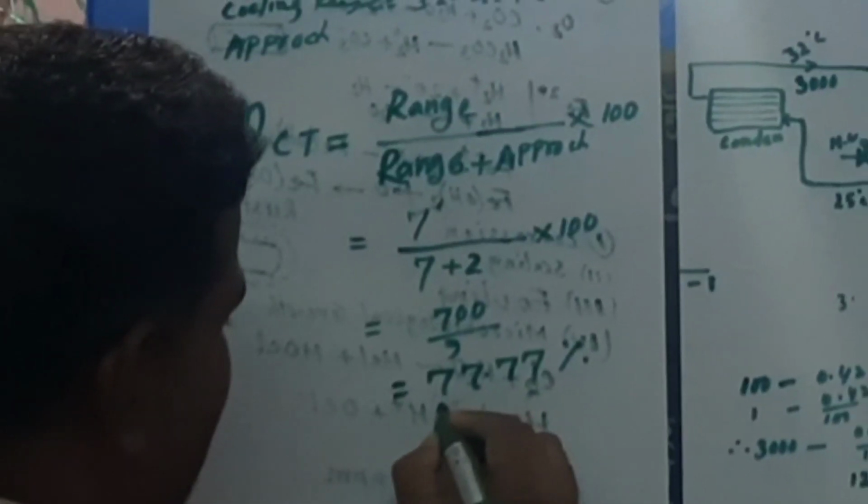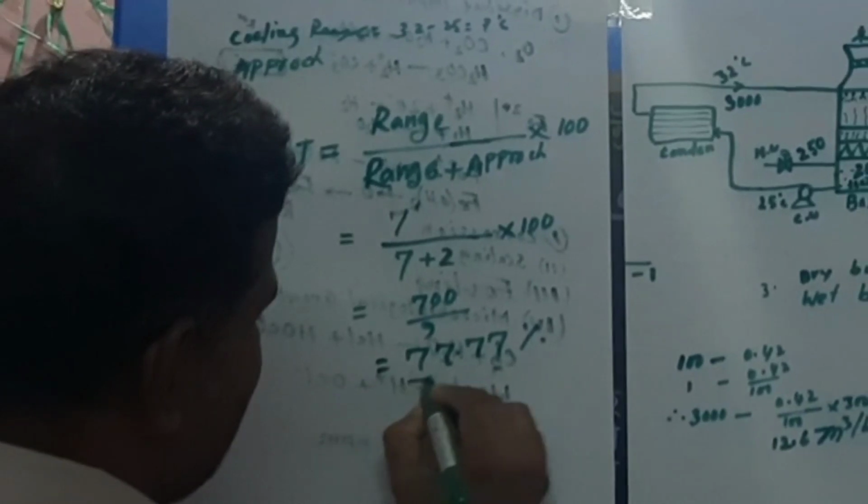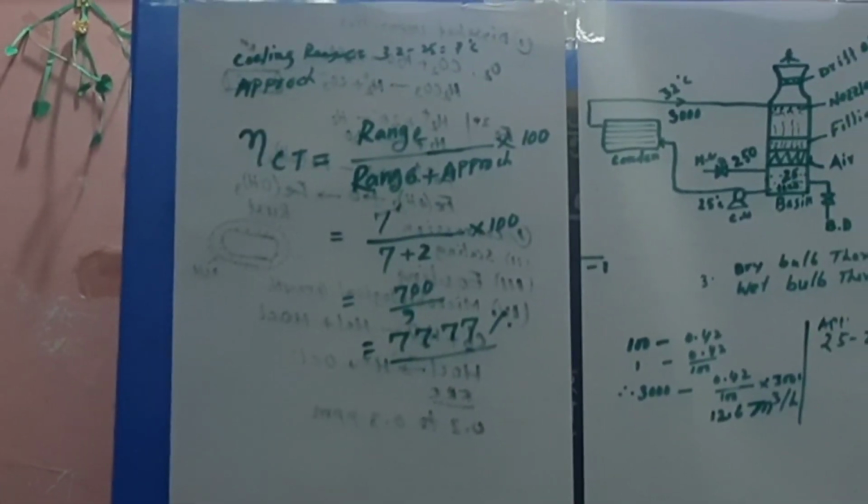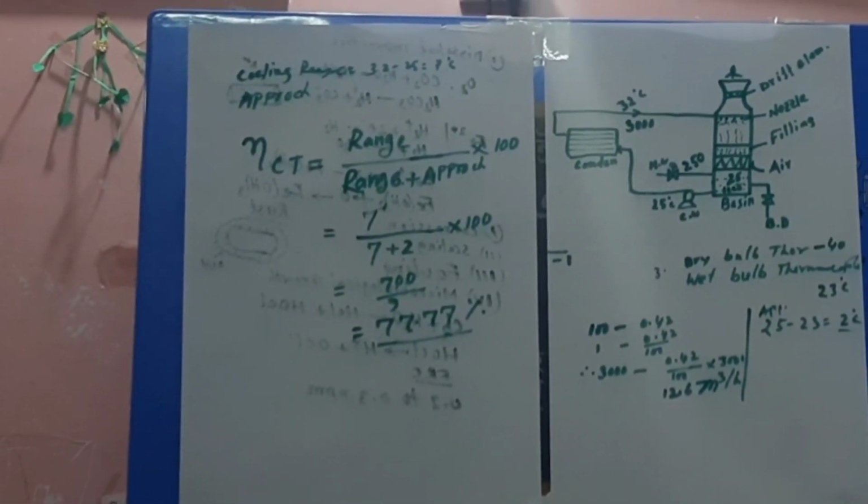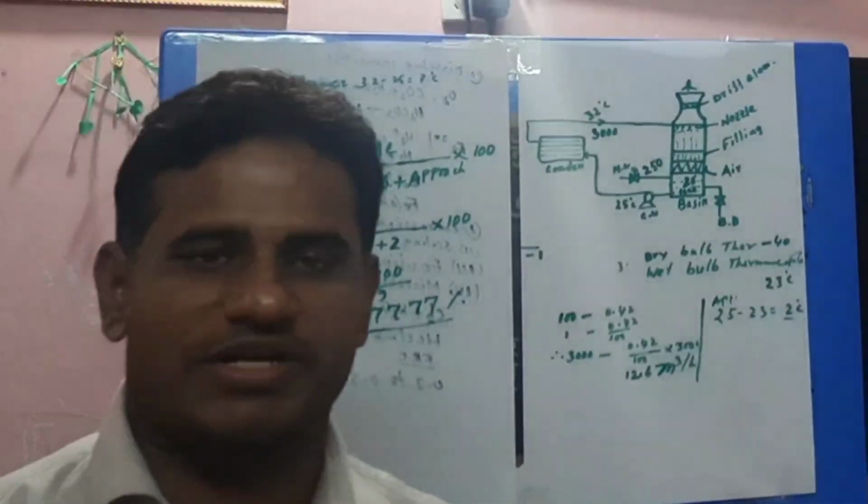In our cooling tower, efficiency is 77.77%.